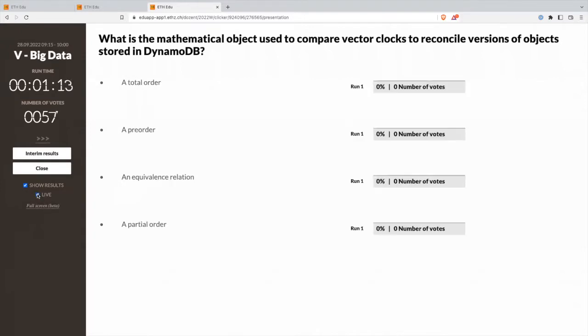Let's see your answers. We have a majority, and it turns out that the majority is correct.